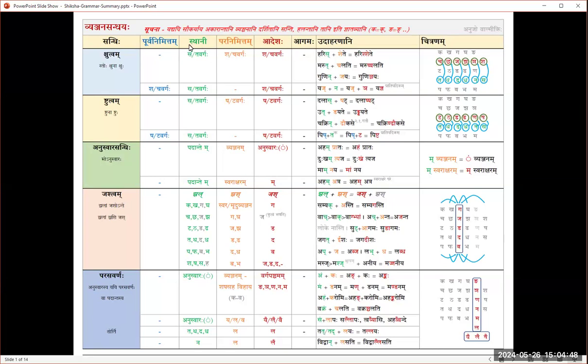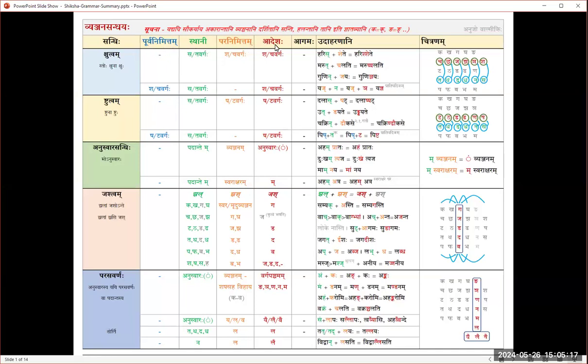Then sthani, the letter that is involved in the transaction. Paranimittam, the conditions that are there after the sthani. So the condition that is there prior to the sthani, the condition that is there after the sthani, if applicable. In some cases both are there, in some cases only one is there. Sthani itself is sufficient. There is no purva nimittam also. Nimittam means karanam, something like that.